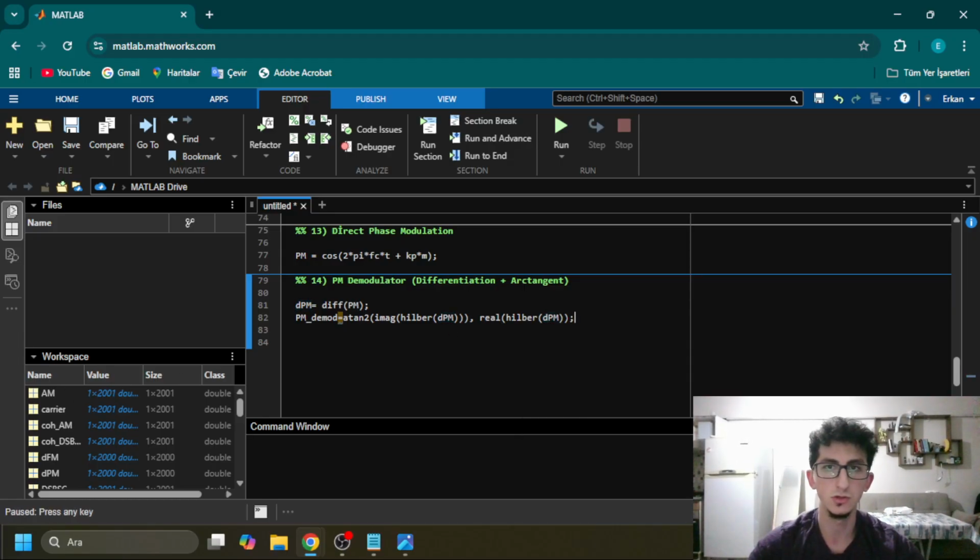Now it's true, and the last one is our 14th. Yeah, and this is the most straightforward implementation of the PM. So I'm gonna check this all one more time. Give me a second. 14 is in here, so it's true, and I'm gonna continue with the next one.